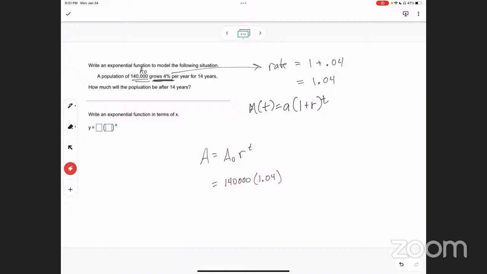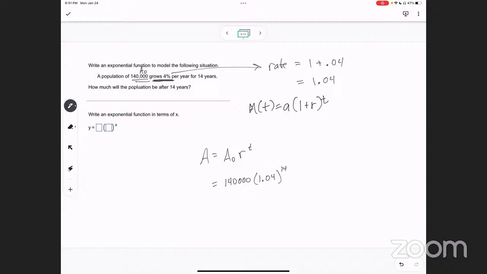The rate is actually 1.04. It's really growing at a rate of 104%. Okay. So raised to the 14. Or to the T, which in this case is 14.